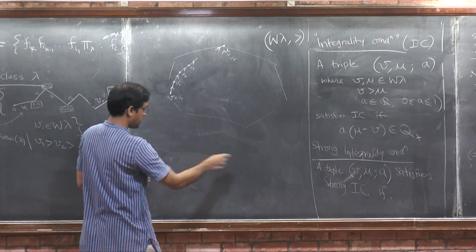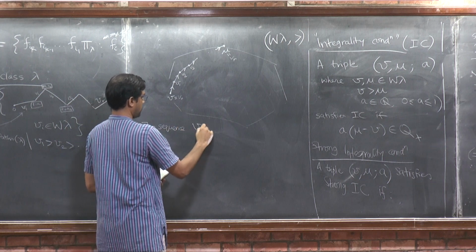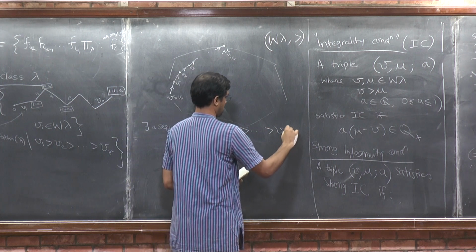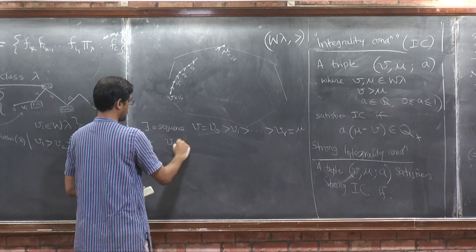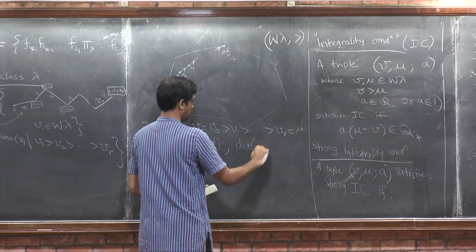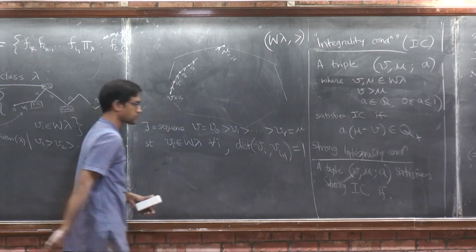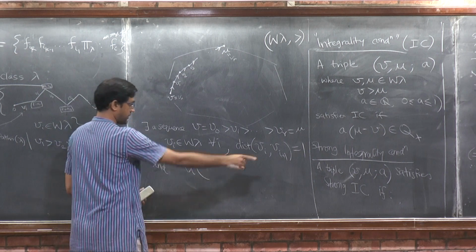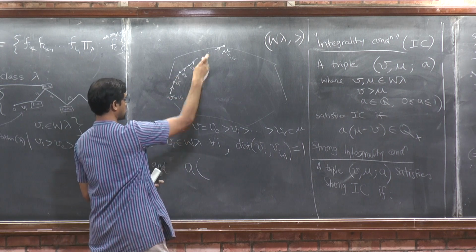So, strong integrality holds if there exists a sequence nu equals nu 0 greater than nu 1 greater than, and so on, equals mu in this partially ordered set, which means such that the nu i's are all in W lambda for all i, the distance between each successive pair is 1, and that integrality condition, A times mu minus nu, is satisfied for each successive pair.